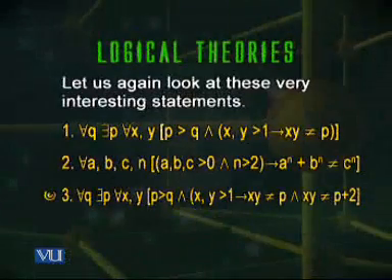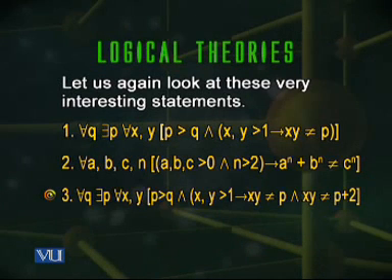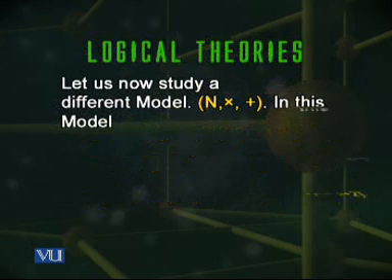So now what we want to do is discuss a model in which these statements can be expressed. We want to discuss a model such that these statements are in the language of that model. Let's look at that model. The first two of these statements use multiplication, and the second also uses exponentiation, which is not allowed in Presburger arithmetic.